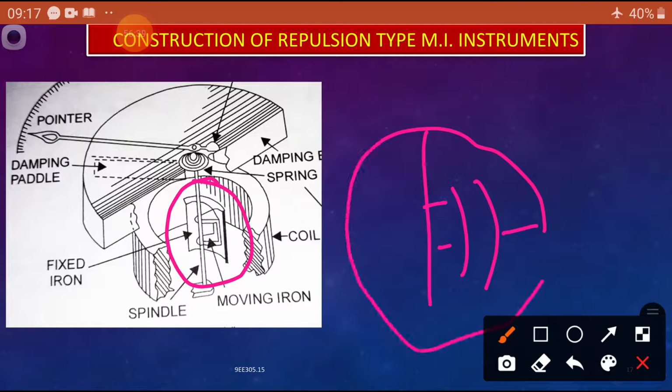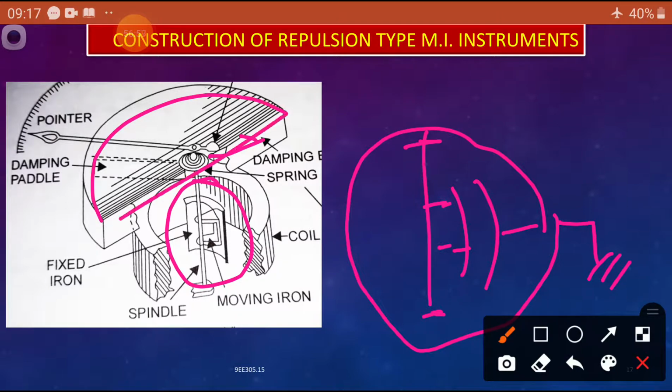The fixed one is stationary, and the other is the rotor placed on bearings. Spring control is provided here for controlling torque, and fluid friction damping is provided here. Our spindle is attached to the pointer, and the pointer moves on a calibrated scale. This is the construction.